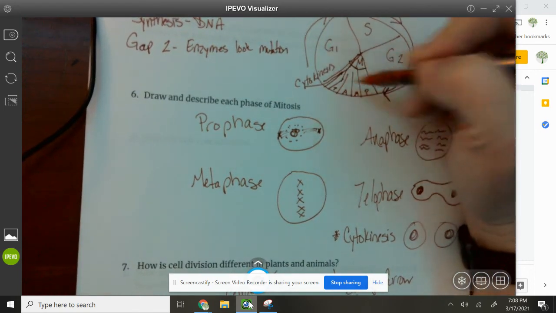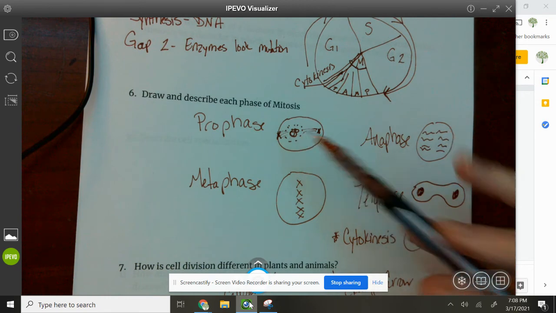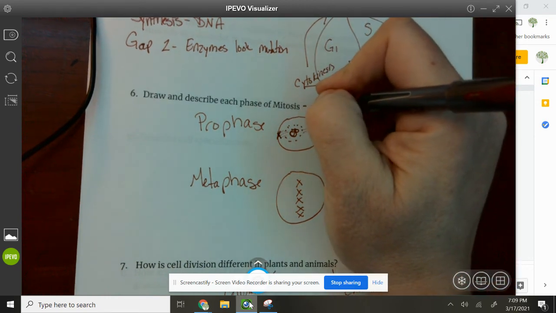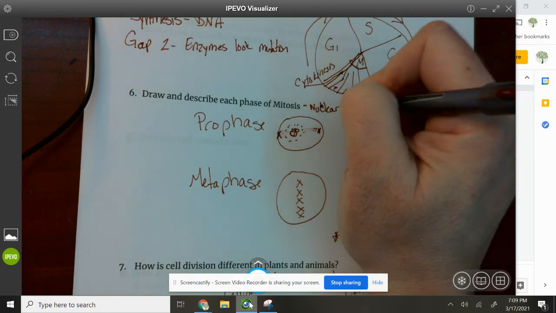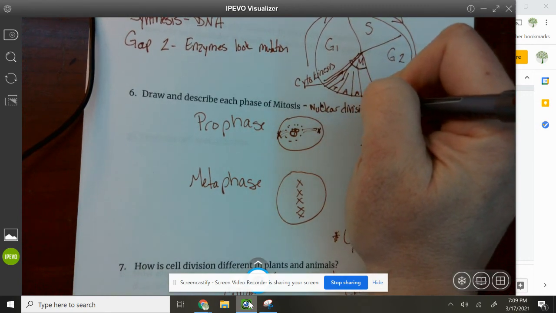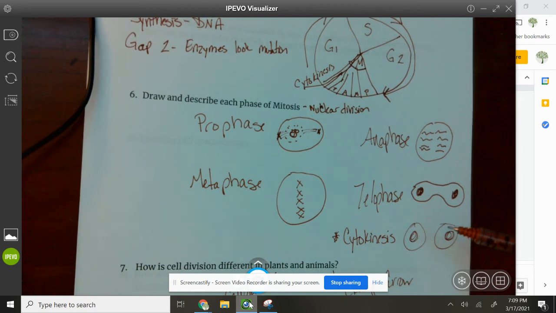That includes all of this. But it's not technically part of mitosis. Mitosis is, officially speaking, just nuclear division. But cytokinesis gets lumped into the M phase, and that is the division of the cytoplasm.